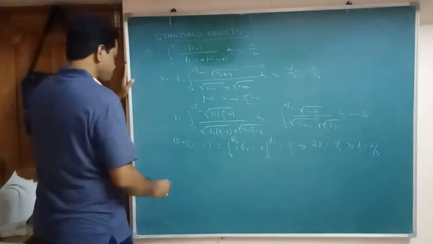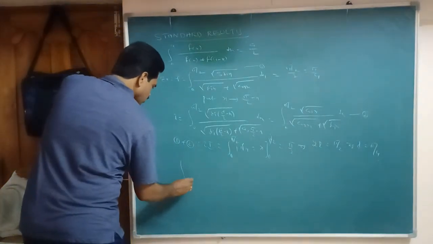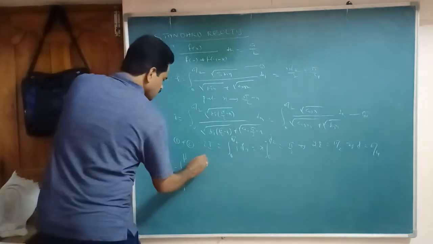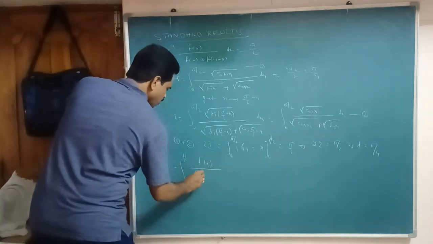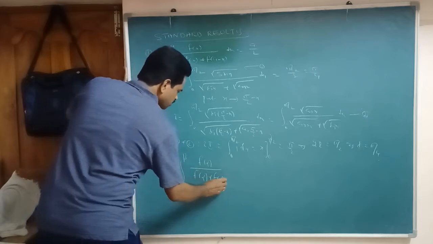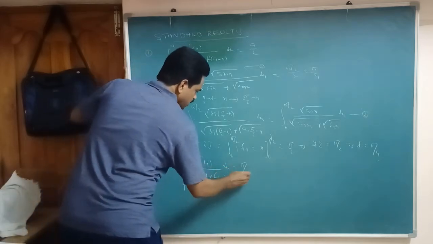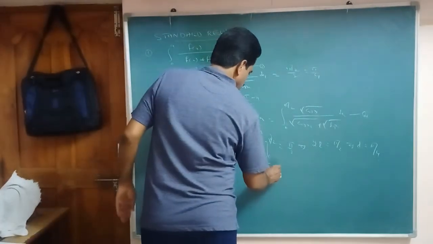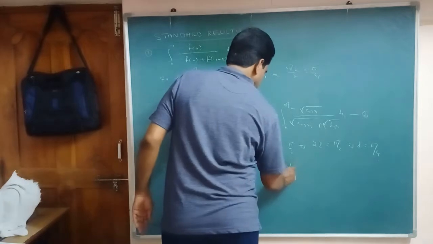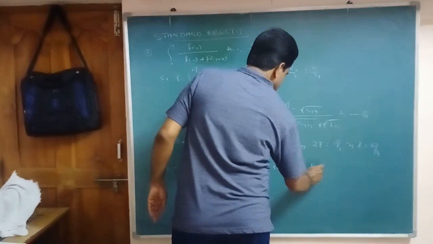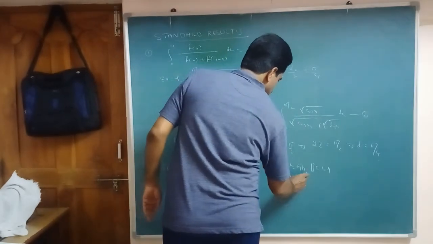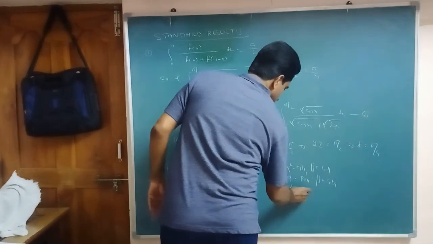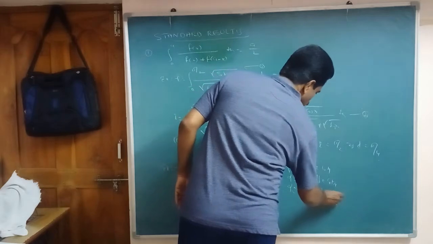So here, again one more example, integral alpha to beta of f of alpha by f of alpha plus beta. For this type of problem, directly also we can write here pi by 4. For example, see here: alpha equal to sin x and beta equal to cos x, alpha equal to tan x and beta equal to cot x, alpha equal to secant x and beta equal to cosecant x.